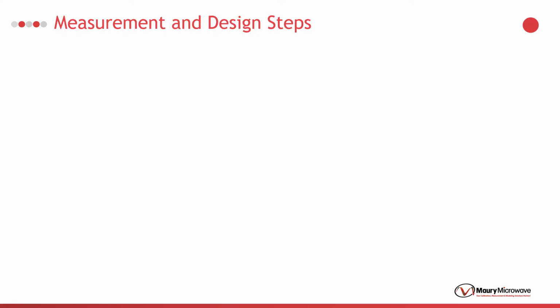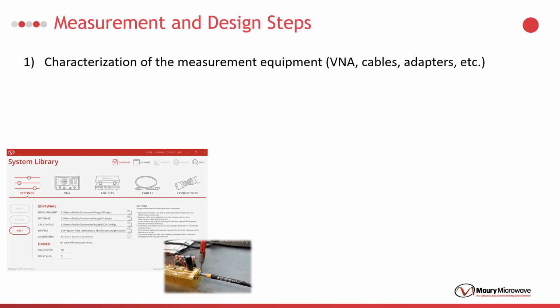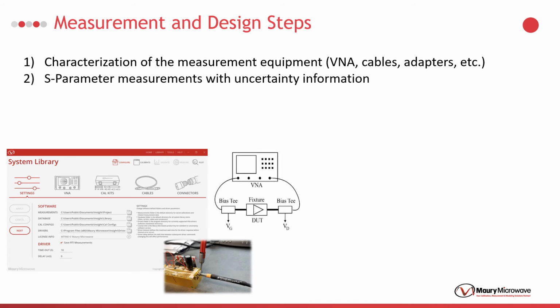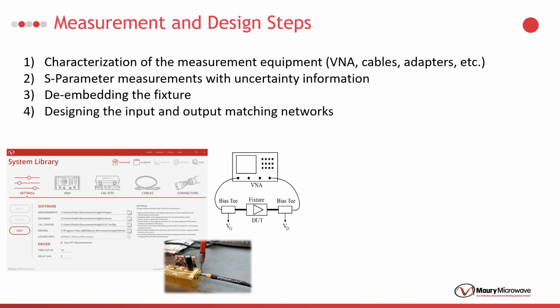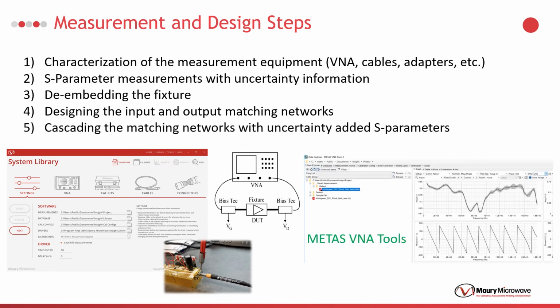To give an example, for the measurement and design of an amplifier, we need to first characterize our measurement setup and the equipment, such as VNA, cables, adapters, and then measure the S parameters of the transistor with uncertainties and de-embed the fixture of the measurement, and then design the input and output matching networks for the amplifier, and then finally cascade the matching network S parameters together with the transistor S parameters.